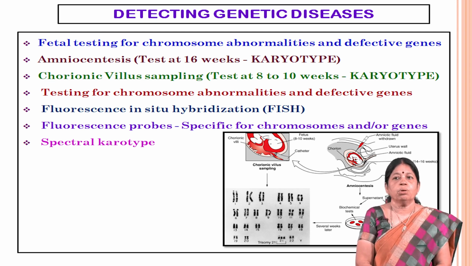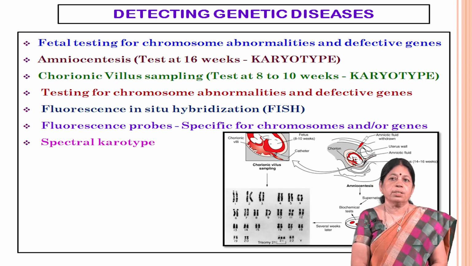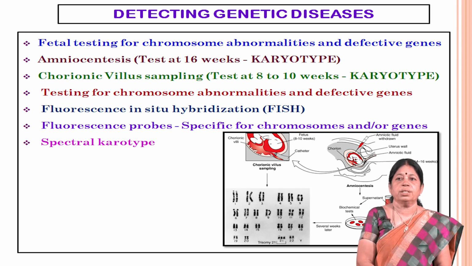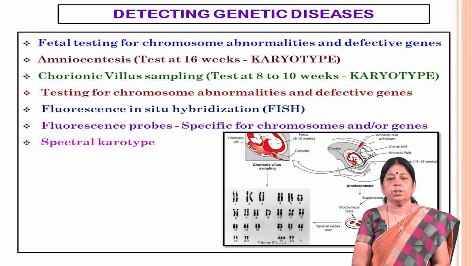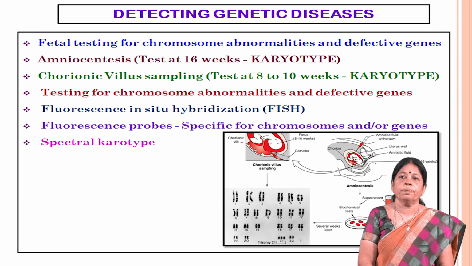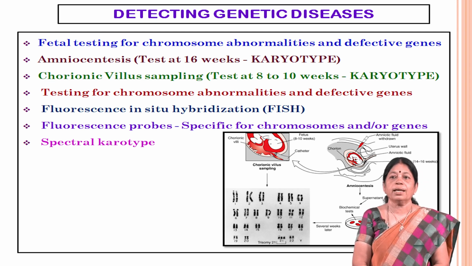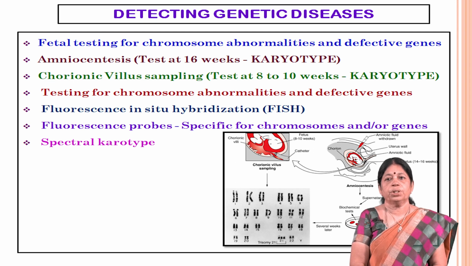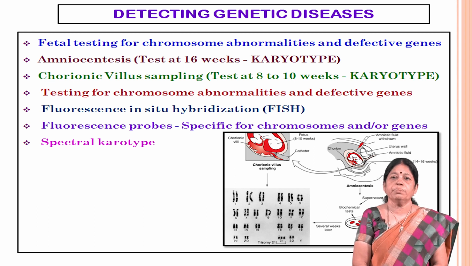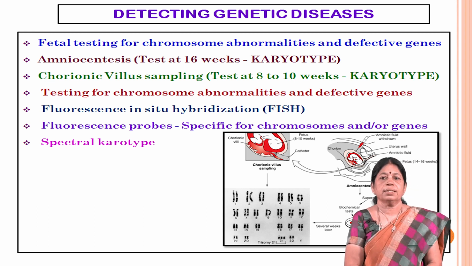But here the chromosomal abnormality occurs due to various cancer genes or carcinogens, which are responsible for the mutation, and because of the mutation they cause chromosomal abnormality, that is the addition or deletion of genes in the chromosome, duplication, inversion. Likewise, any abnormality can occur. So this causes mutation. So fetal testing means we are testing the fetus for genetic diseases.